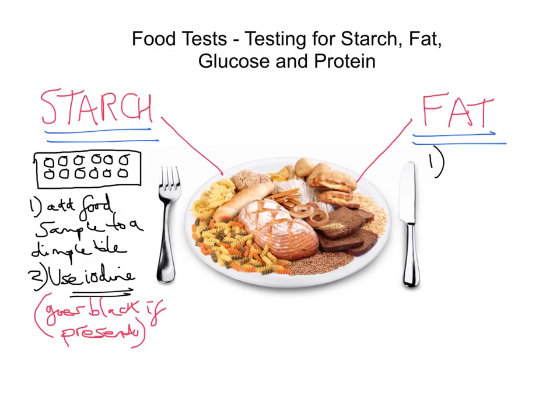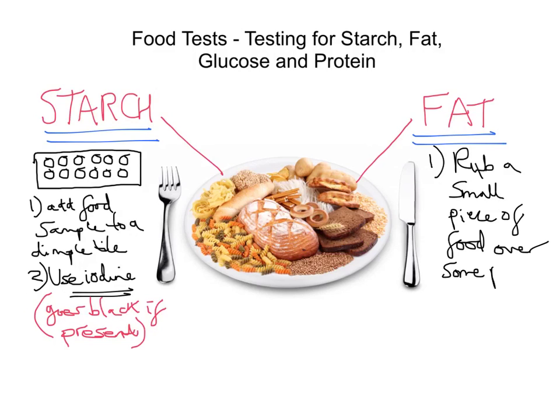So at key stage 3, you would simply just rub a small piece of your food sample that you're looking at over paper. That's all you do, just rub it over some paper.